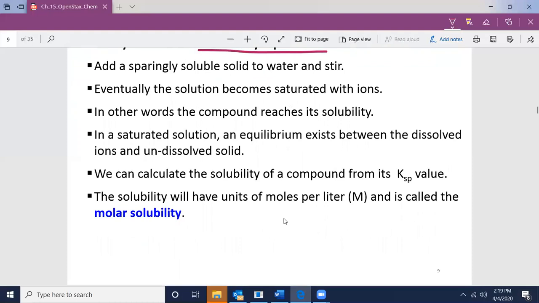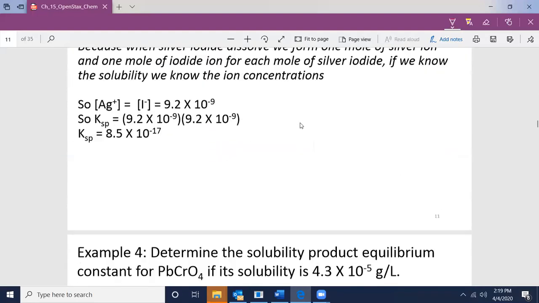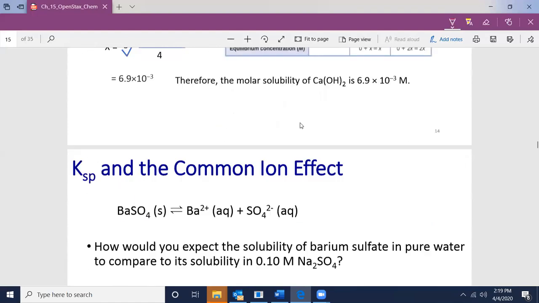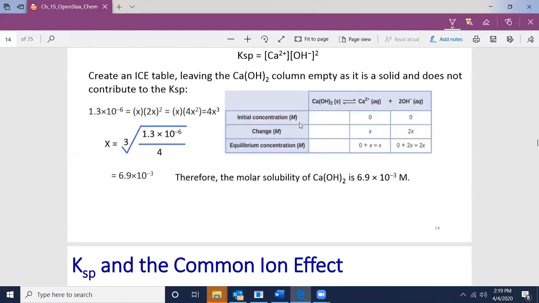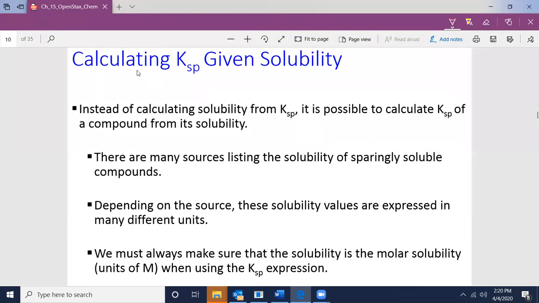Okay, so calculating KSP given solubility. When we talk about the common ion effect, what we were discussing here is that we can calculate KSP given the solubility. So instead of calculating solubility from KSP, it is possible to calculate KSP of a compound from its solubility.